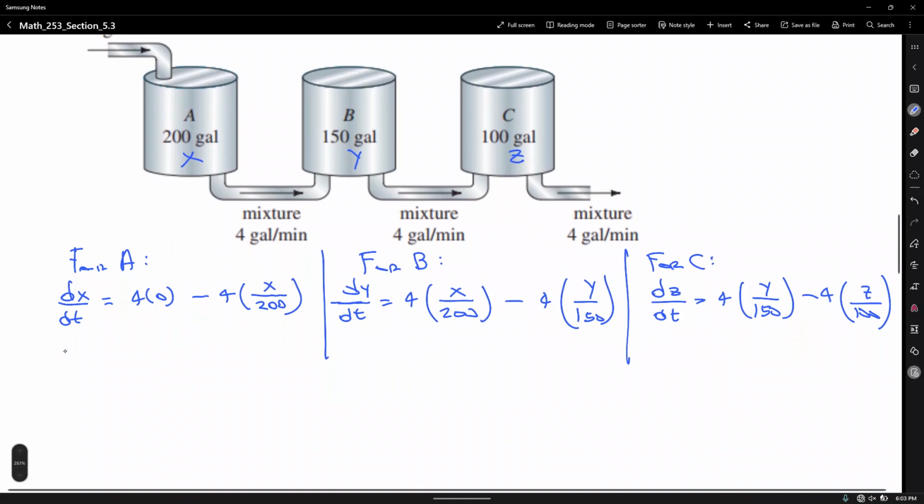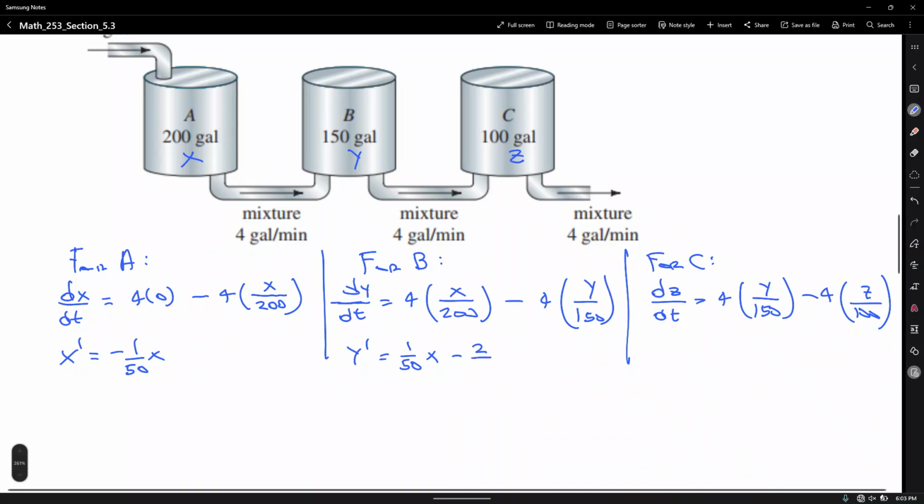So this will be our x prime. Okay, let me call this x prime for short. 4 times 0 equals 0. 4 divided by 200. Isn't that negative 1 over 50? X. What about y prime? 4 divided by 200, that's 1 over 50 times x. 4 divided by 150, that's a somewhat nice number.